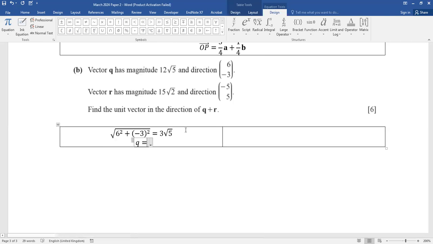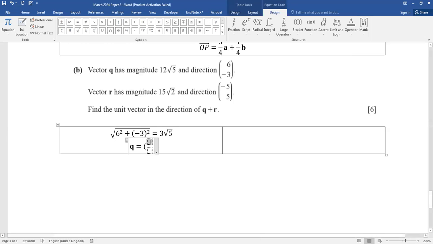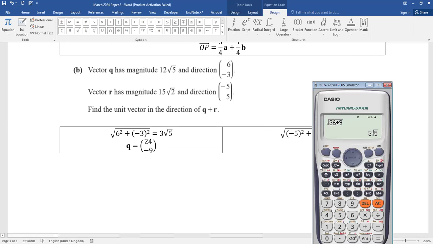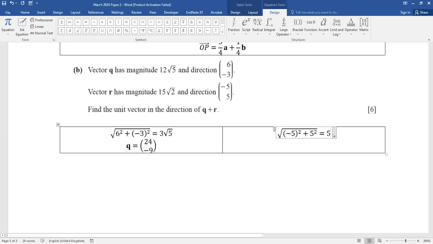So I can simply write the vector q as multiplying this one by 4: 24 and minus 9. Now similarly, the other vector, if I find the magnitude of that vector, I will get minus 5 squared plus 5 squared, which the calculator will tell me is 25 plus 25, which is 5 under root 2.